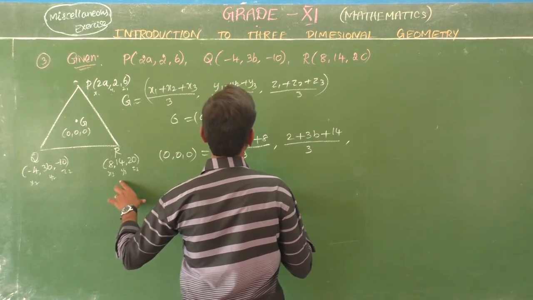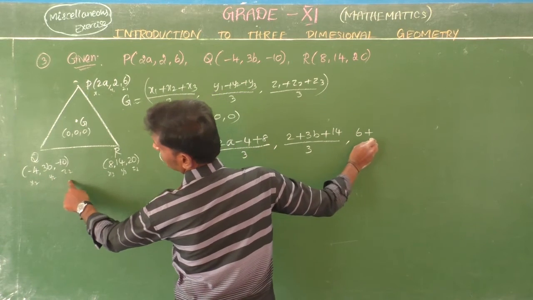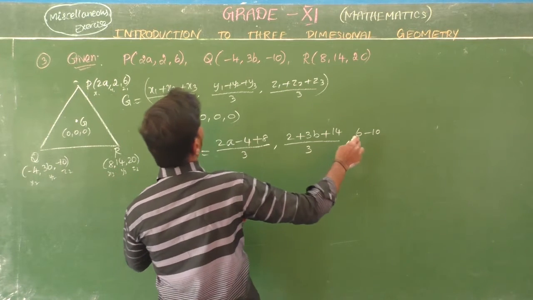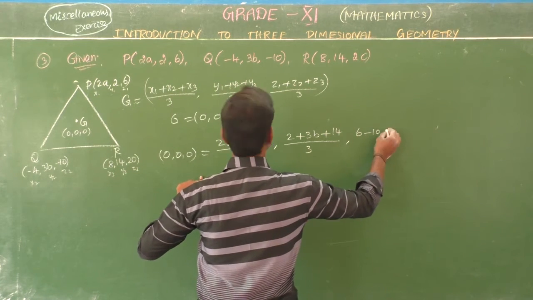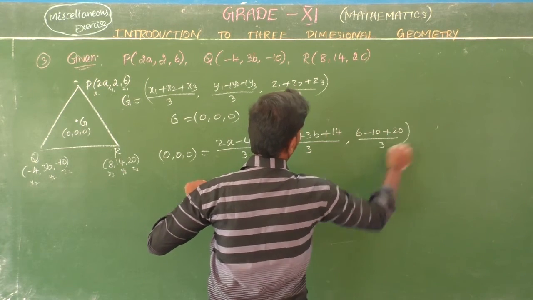Finally z1 is 6, plus z2 is minus 10, plus z3 is 20, whole divided by 3.